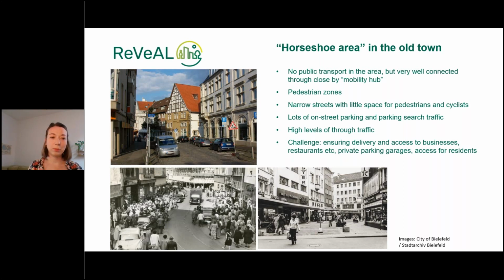As you can see on the pictures below, this topic of pedestrianization is already an old topic, and it already happened in the 50s that the first areas and streets were pedestrianized.